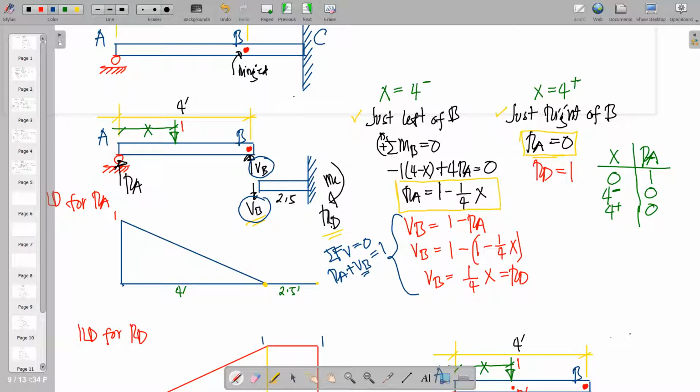That is why at left of B, VB is always equal to RD. That is for left of B. Just right of B, RD will always be equal to 1. Why? Once the 1 abandons AB, there will be no value for RA as well as the shear at B. So the shear at B has no value.